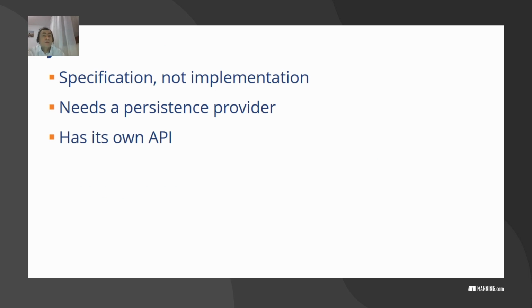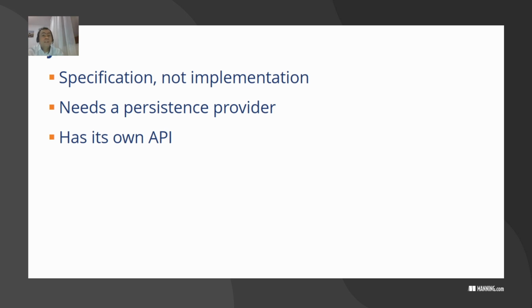JPA, formerly Java Persistence API, nowadays Jakarta Persistence API, is a specification. Not an implementation, but a specification that tells us what needs to be done and which API is available in order to persist your objects.